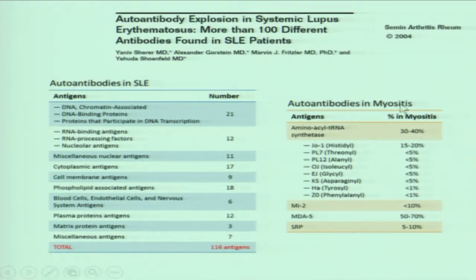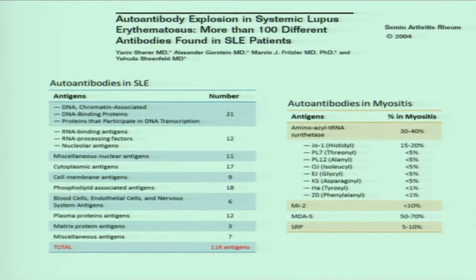But I want you to compare that with what happens in diseases like myositis, for instance. Here you have a bunch of antigens that are targeted by the disease. They happen to be aminoacyl tRNA synthetases, and there is a bunch of them that are very similar antigens. The point I want to make is that in this disease, in contrast to lupus, you have either one or the other.